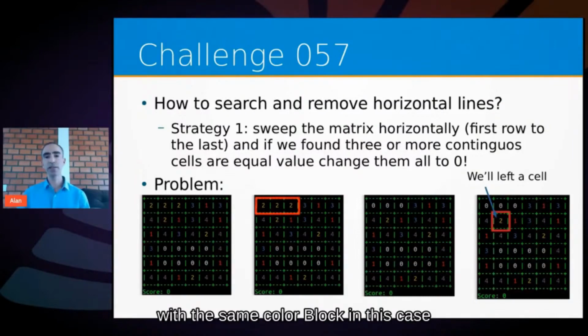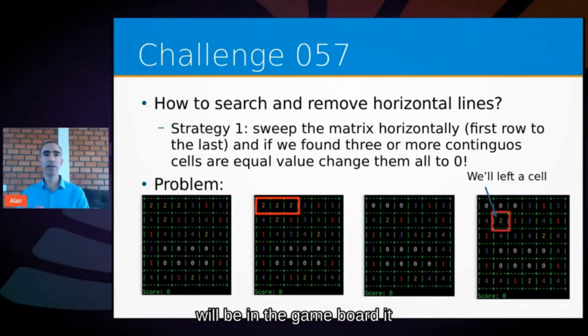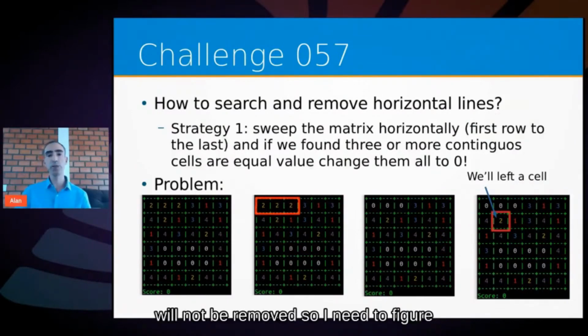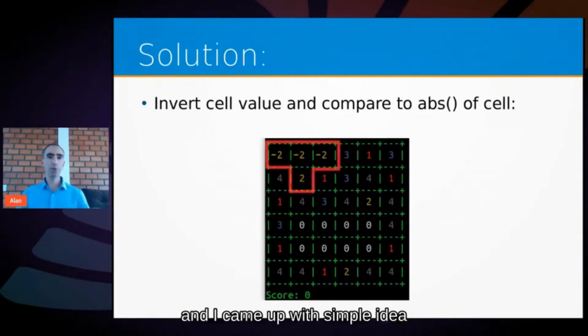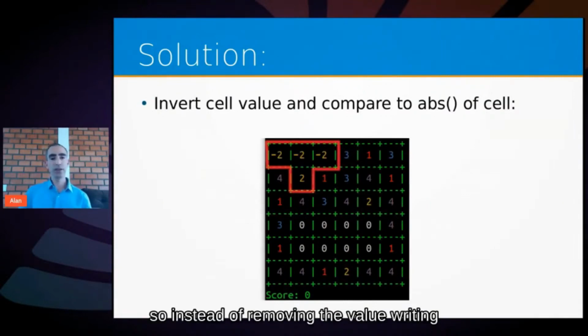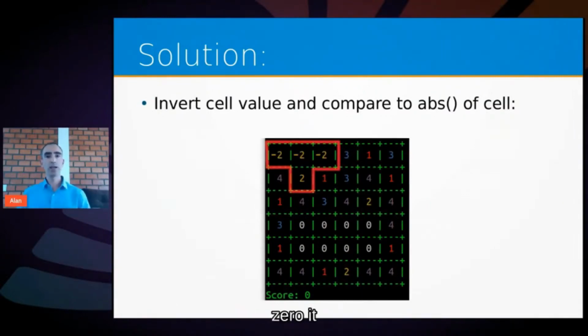In this case, if I remove the first line, the same color cells in the second line will stay in the game board. They will not be removed. So I needed to figure out how to fix it, and I came up with a simple idea. Instead of writing 0 to it, zeroing it, I just turn it negative.